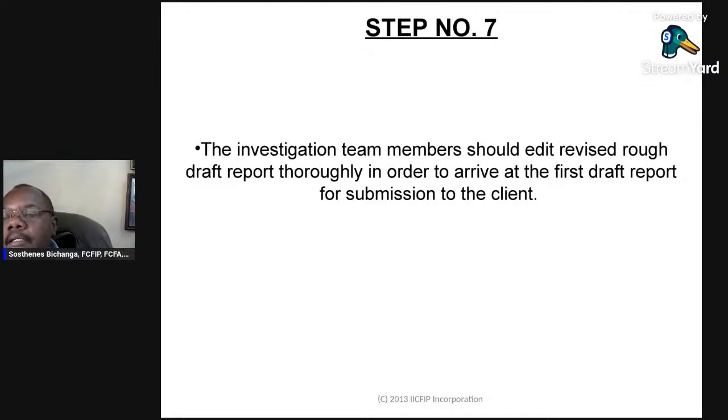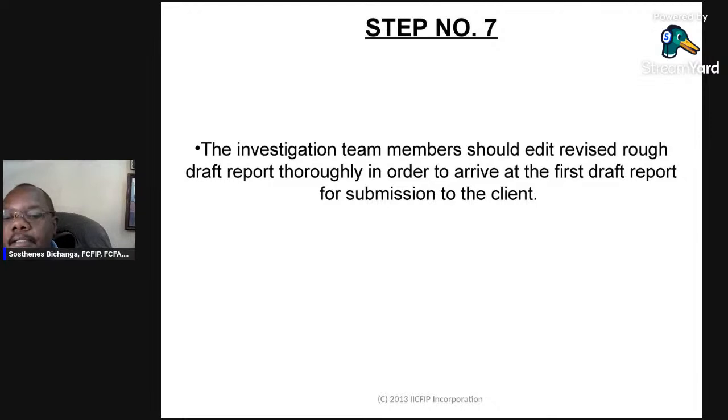If the client decides to raise more concerns, then that must be responded to before the final report is done. So step number 9 of the report, forensic report preparation, is the finalization of the forensic investigation report by having it professionally edited, signed by the lead investigator, and then submission to the client.